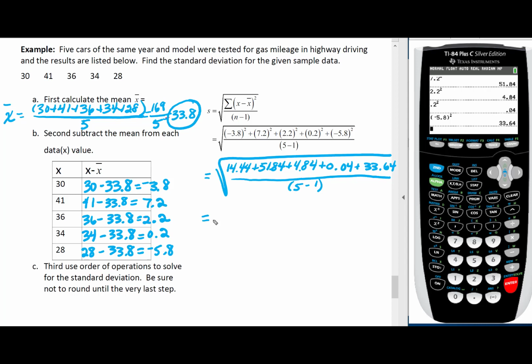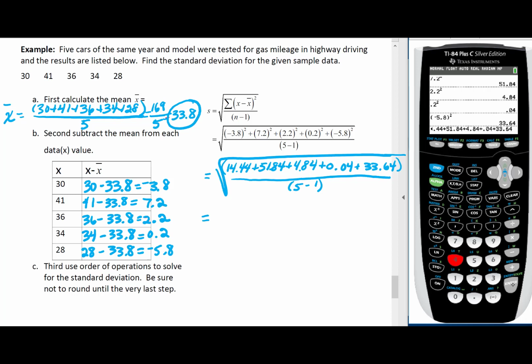Next, we still have the parentheses in the numerator and in the denominator, and we can now do addition. Let's add all that numerator up in one go on the calculator: 14.44 plus 51.84 plus 4.84 plus 0.04 plus 33.64.